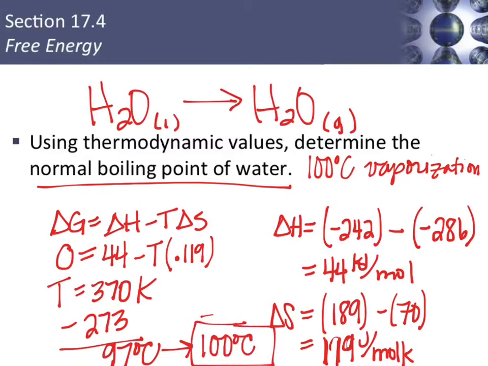And that's where we say that's the normal boiling point of water. These are all significant figures. So the normal boiling point of water using our thermodynamic values is 97 degrees Celsius.